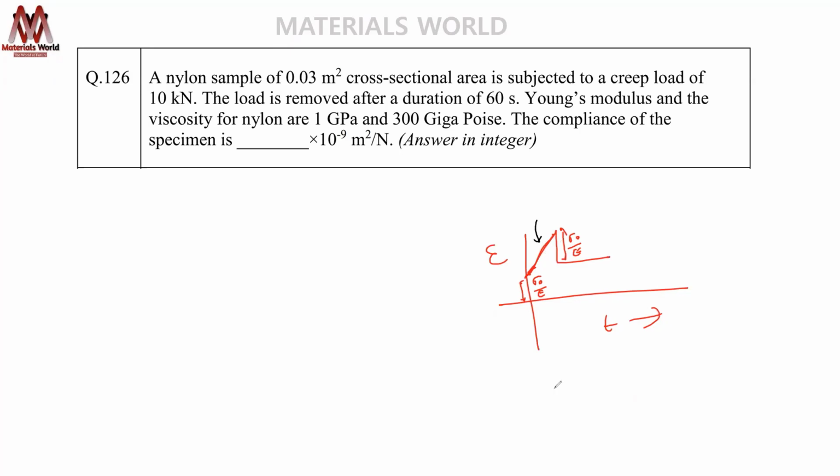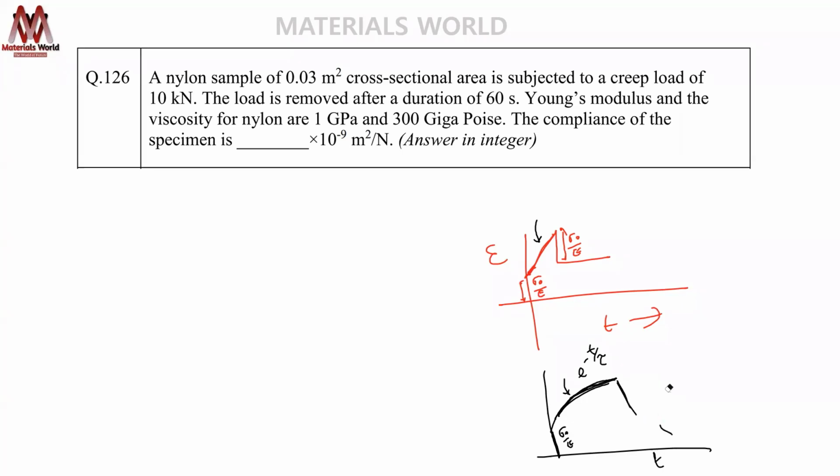It's very poor because the actual polymer will show you something like this. Something like this. You have an instantaneous elastic deformation. Then you have an e to the power minus t by tau retarded strain because of the viscous behavior of the material, and then you have a recovery.